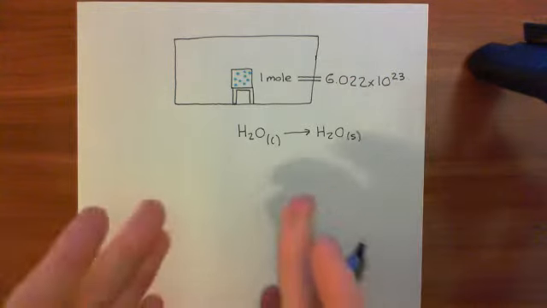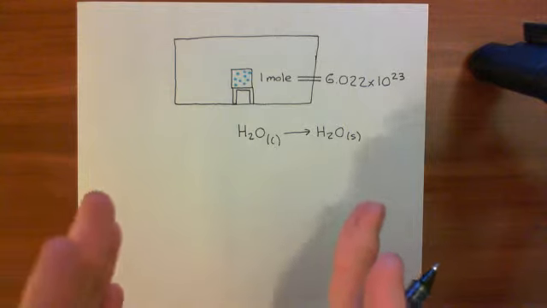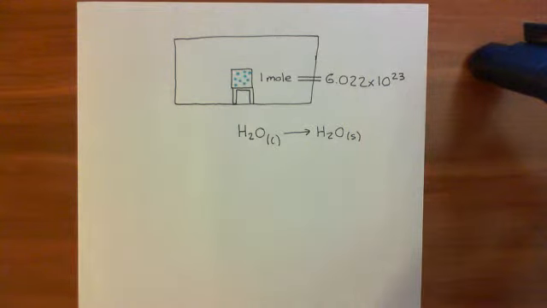So how does water going from a liquid to a solid lead to the universe taking on a macrostate that has a greater number of microstates associated with it?